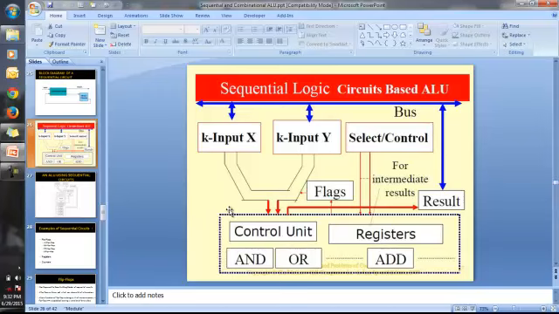This diagram will also give you more detailed information about the sequential circuit. A k-bit x value and a k-bit y value are taken. Based on the select and control, it will select the appropriate operator, and the result will be produced after processing and taken out through the data bus.